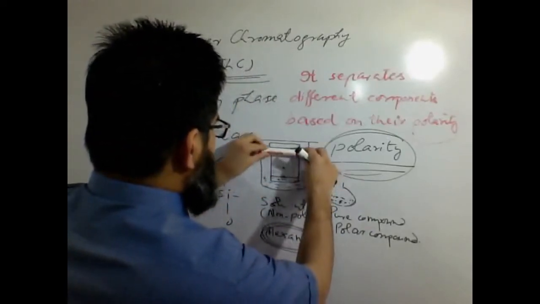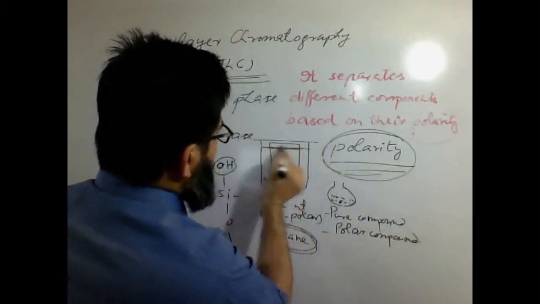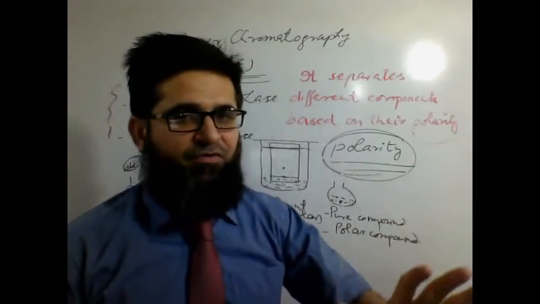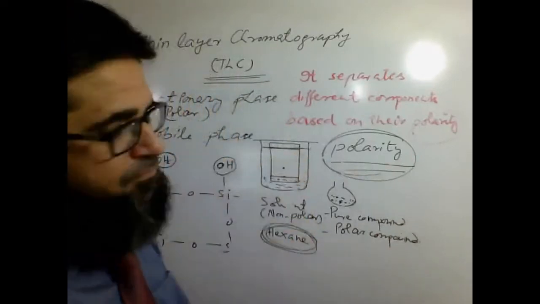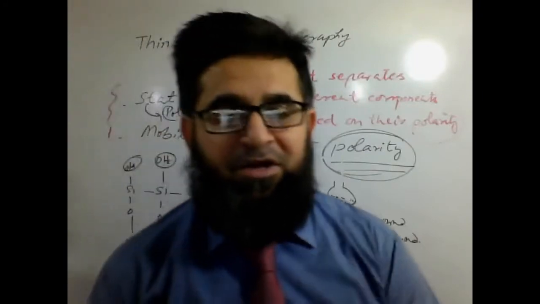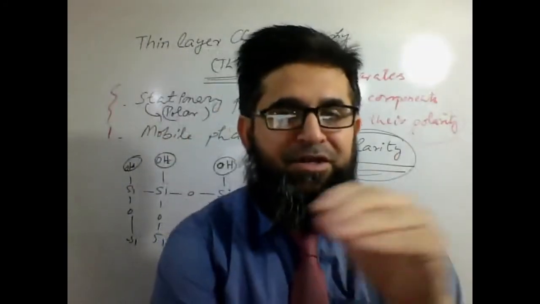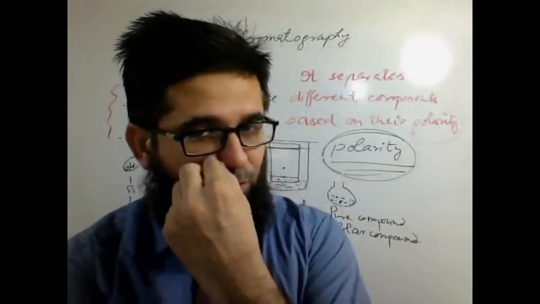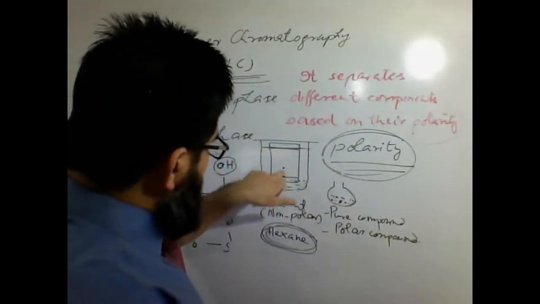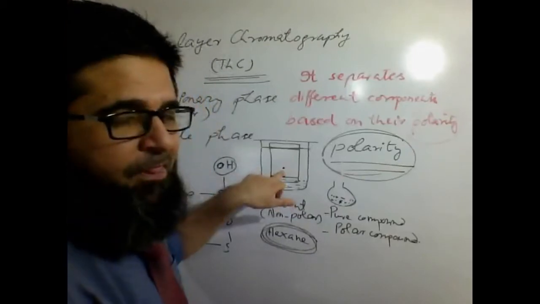When the solvent reaches this level, we take out the TLC plate and let it dry for a while, and then we need to use some visualizing agents. What they are, I will explain later. Those agents help us to see the presence of the spot.